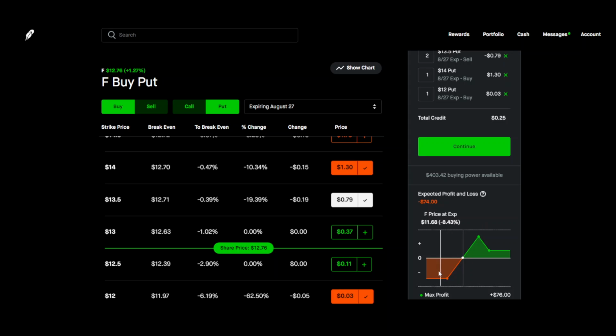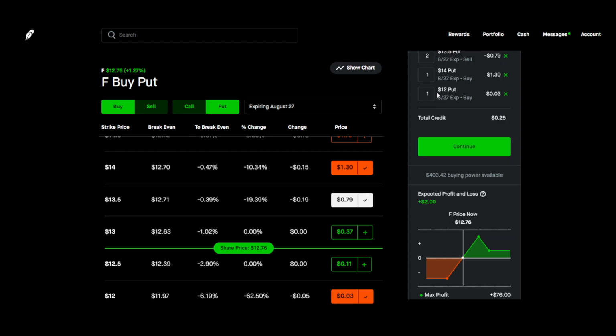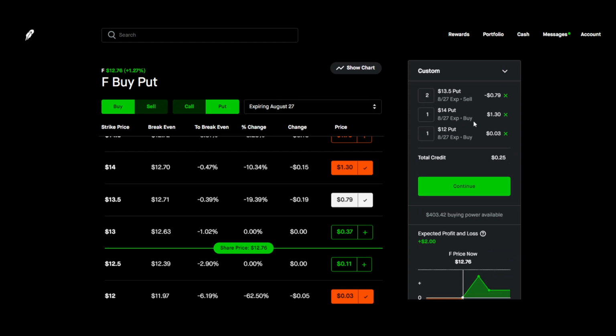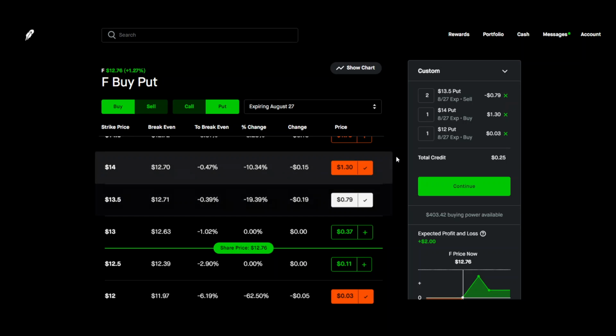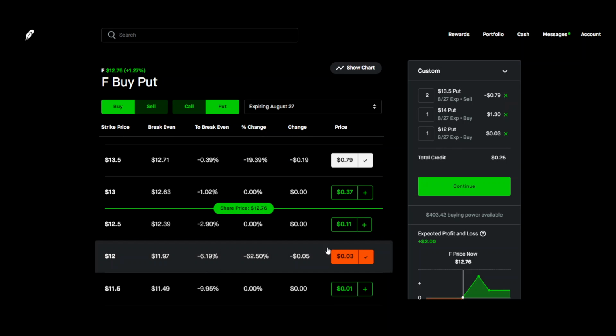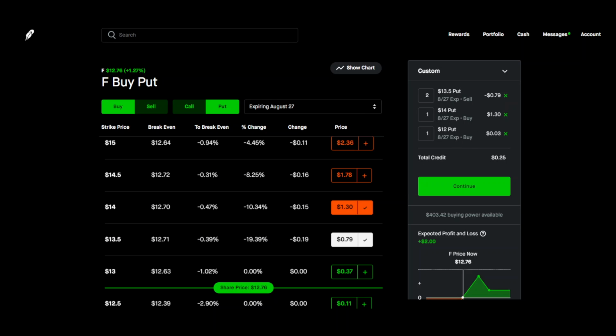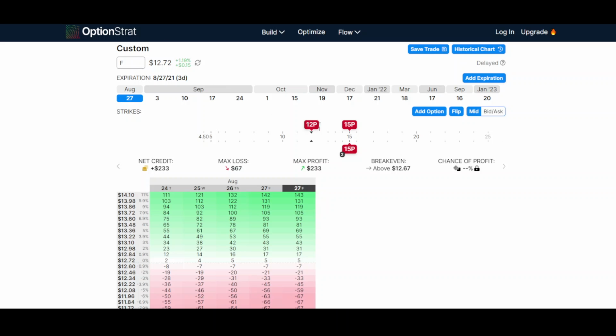You see that changes it a lot, but just for the sake of the example, I'll show you. It's very weird. Alright, so come back over here, and then we bought... Wait, what is it doing? Okay, so we bought a $12 put. So there we go, $12 put that we bought.